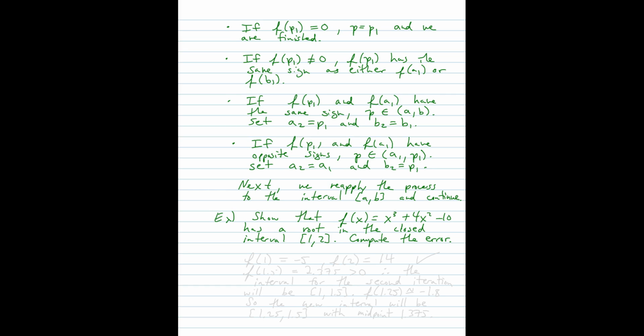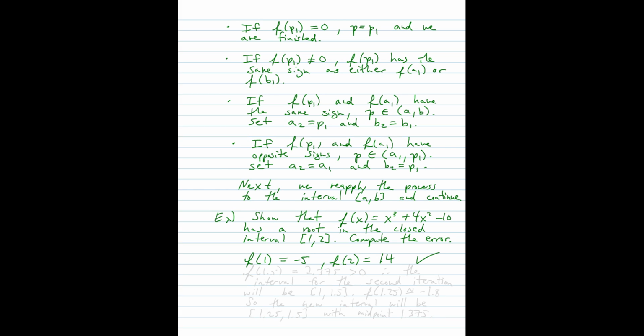In order to see if the bisection method is even applicable, we need to make sure that f(a) and f(b) are of opposite signs, and we can do that because f(1), which is a, equals minus 5, and f(2) equals 14. So f(a) and f(b) have opposite signs.